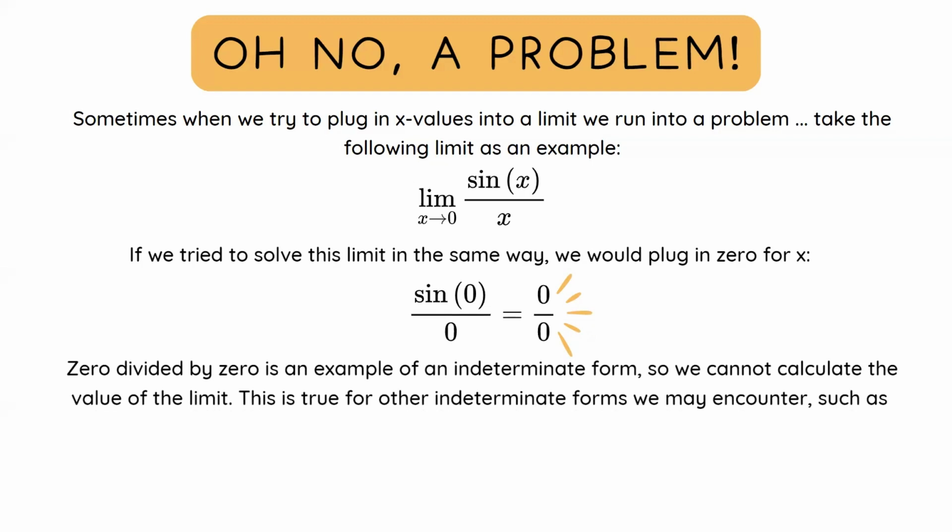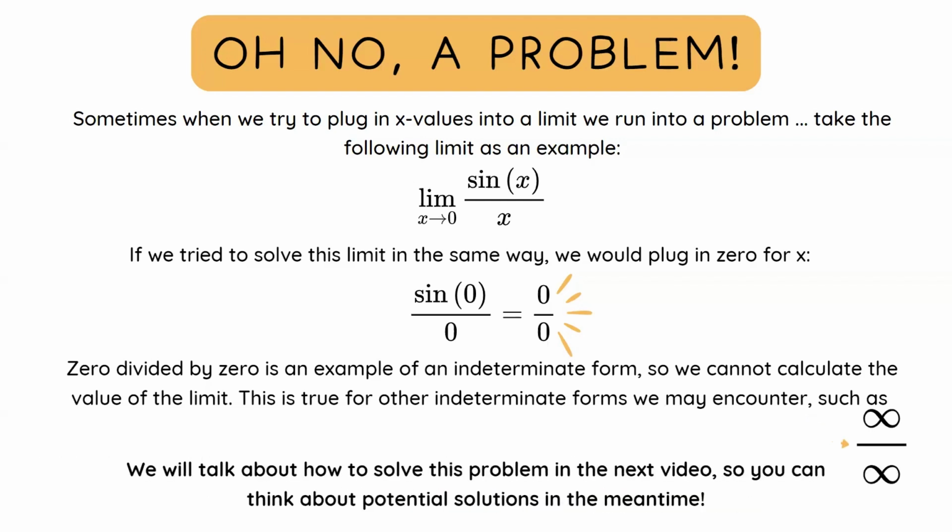We might run into other indeterminate forms as well. 0 over 0 is one, but another common one is infinity over infinity. So we can't actually calculate the specific value of that limit. We have ways to overcome this problem, which are in the HL course and will be in future videos, but the worksheet below will allow you to investigate and think about these indeterminate forms before we go into that.